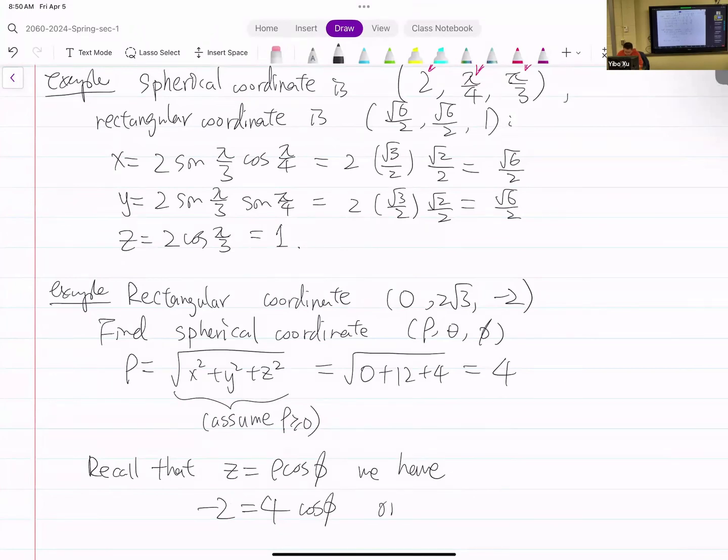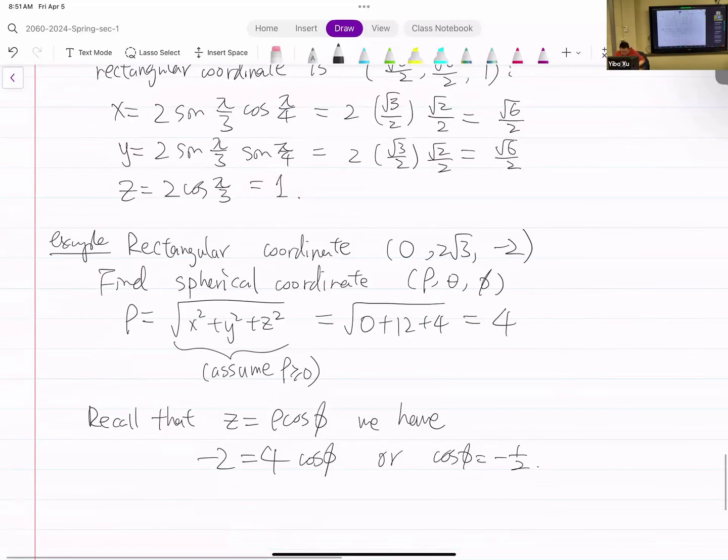And here we know that cosine phi is -1/2. And also we realize that phi is coming from 0 to pi. Cosine is actually a decreasing function in that interval. So there's only one angle. Okay. So phi has to be 2π/3.